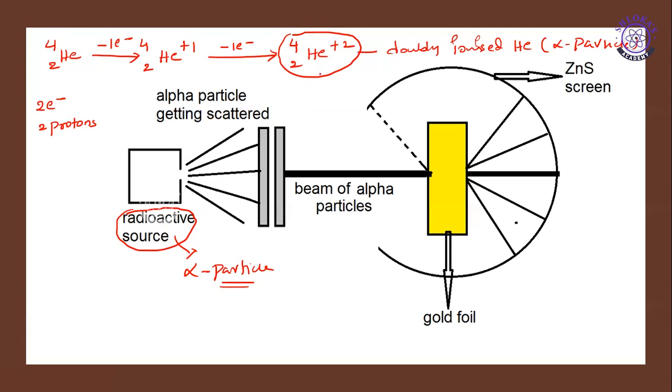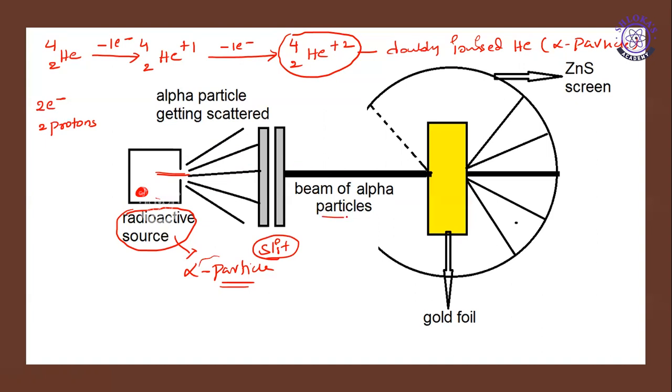Simply, if I take any radioactive substance, it can give alpha particles as a stream. Whatever alpha particles are coming out from this source can spread throughout the room. But I want to make them into a beam of alpha particles. For that, I should use one slit. A slit makes a stream of alpha particles into a beam of alpha particles.